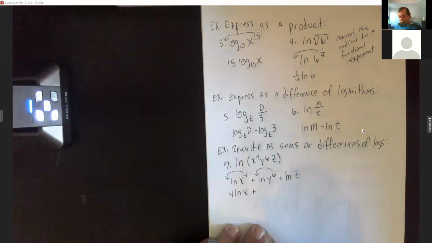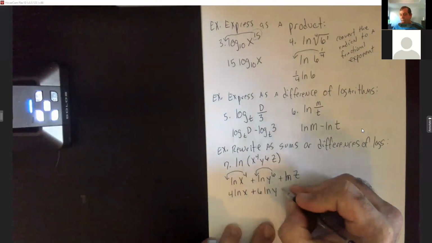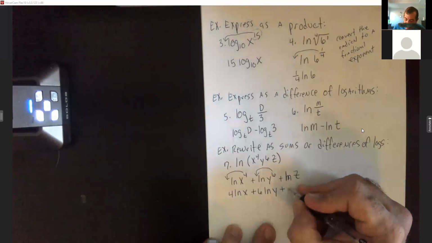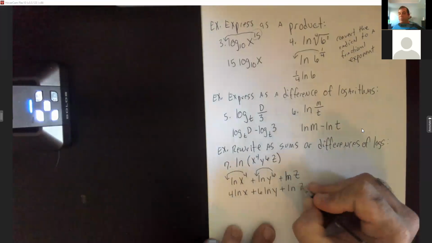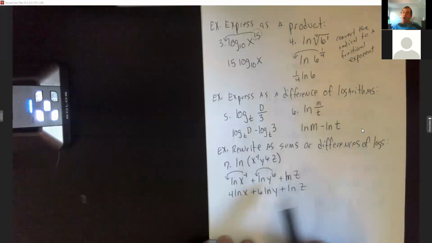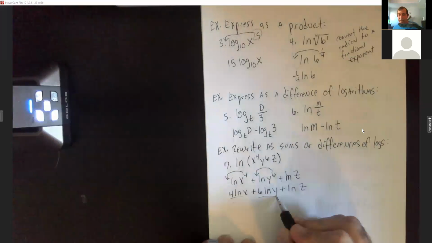And then you do that here. Ln of y to the 6 will become 6 times ln of y. And then the z didn't have an exponent, so that'll just stay the ln of z. So notice, when you're done, you cannot have exponents sitting behind your variables. They all got to be brought down to the front and written as these products, okay?